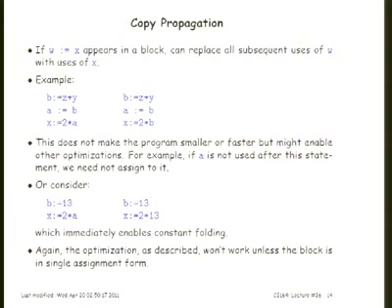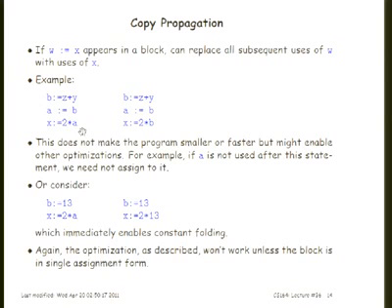Okay, another classical optimization, copy propagation. Whenever we do an assignment, it can be treated sort of like an alias, almost. So for example, in this example, we use 2 times A right here.